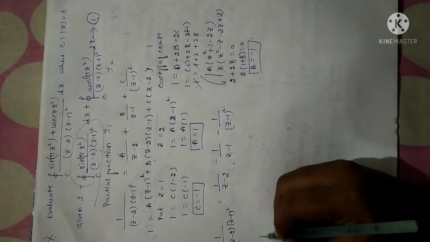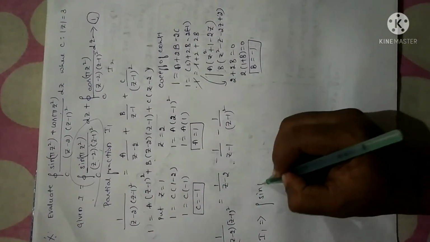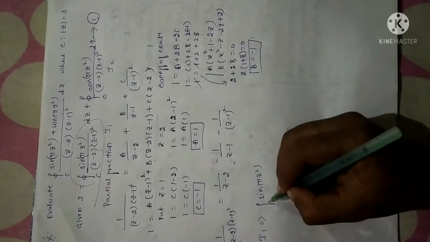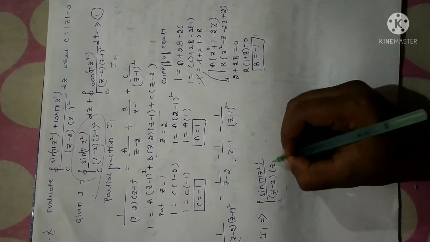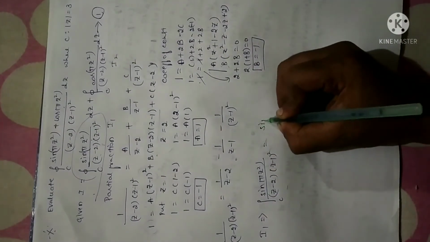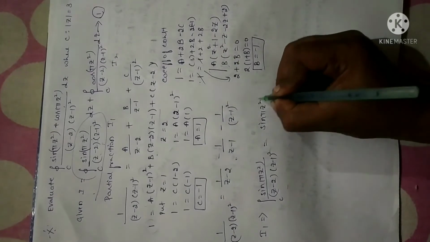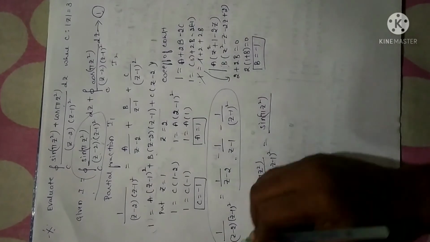Now I1 can be written as sine pi z square divided by (z minus 2) into (z minus 1) whole square. I am going to keep sine pi z square as it is, and for the denominator I am going to apply this partial fraction.